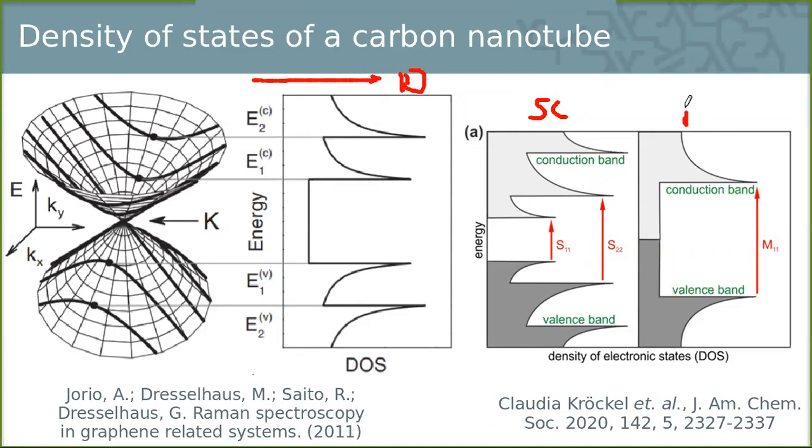In a metallic carbon nanotube, we don't have a band gap, but still we have a transition between the valence and the conduction band. Each of these transitions, in carbon nanotube terminology, is called a Van Hove singularity.